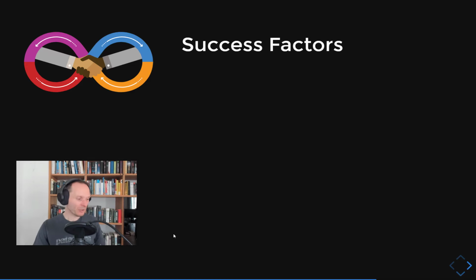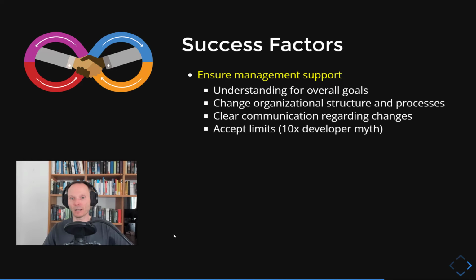Now let me give you a few success factors that I found very useful when working with customers on their journey towards cloud and cloud security. The first one, and the most important one, is that this is really hard to build from the ground up.